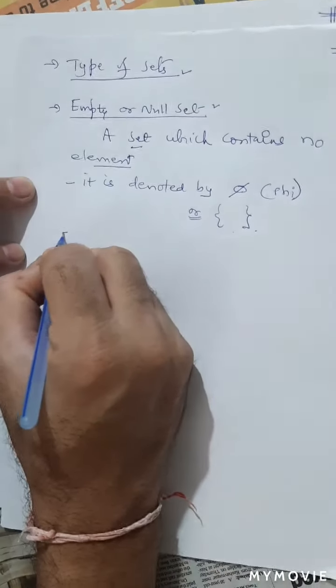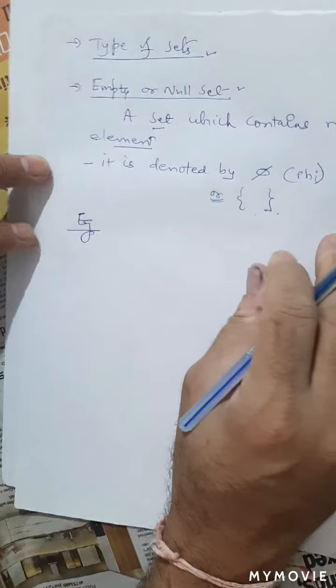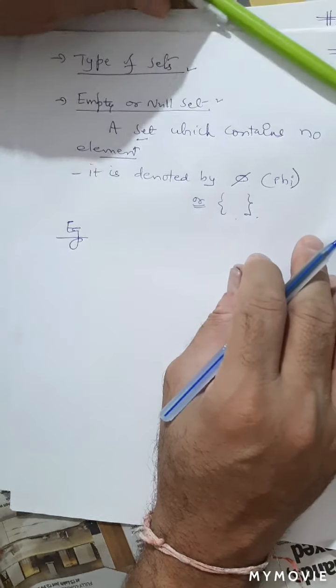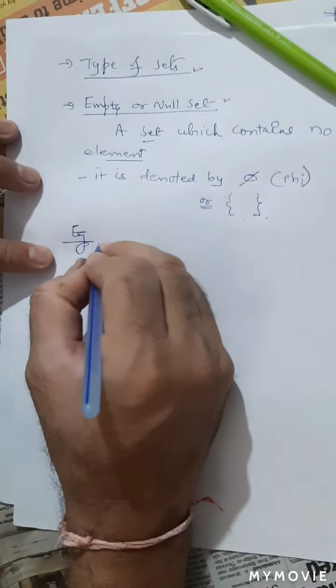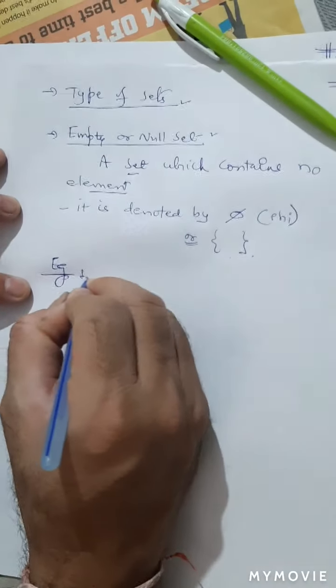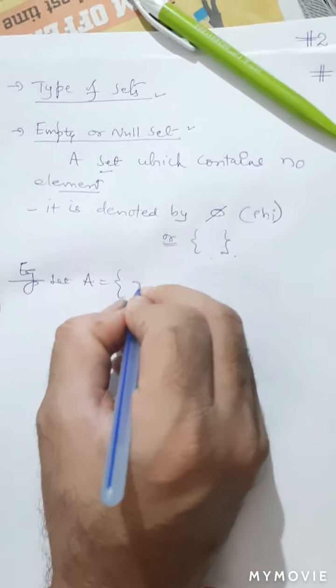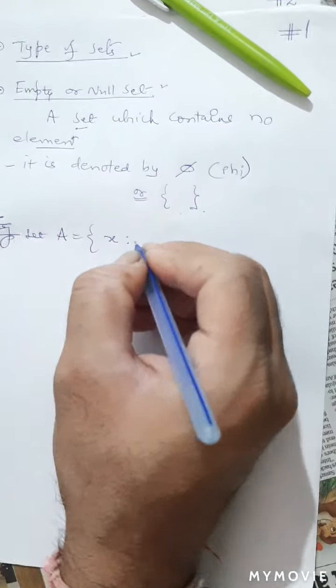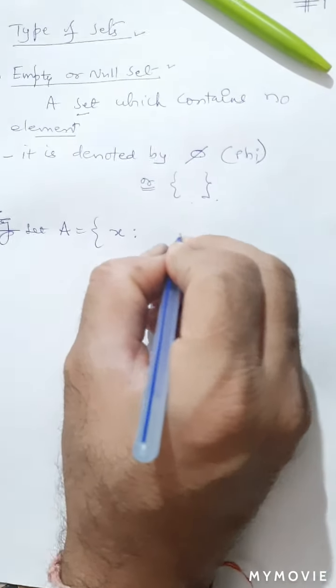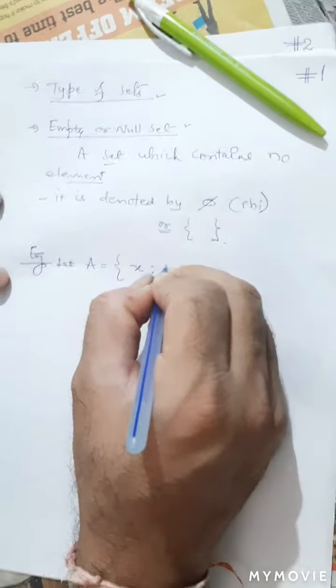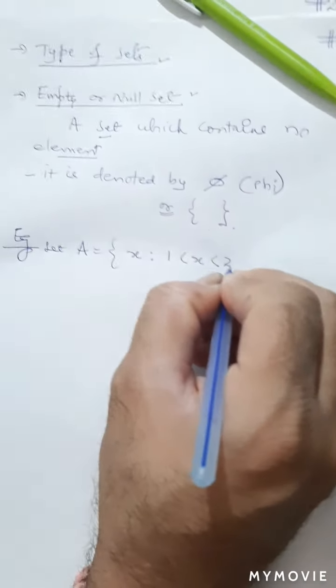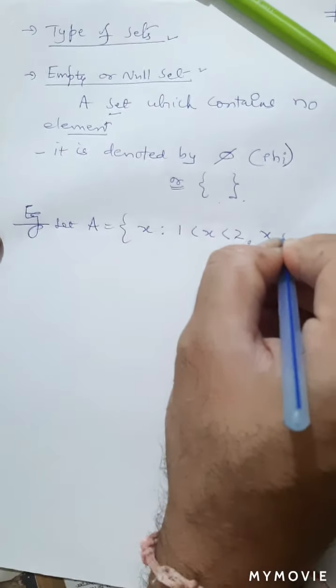For example, let's take A equals all x such that x is between 1 and 2 and x is an integer.